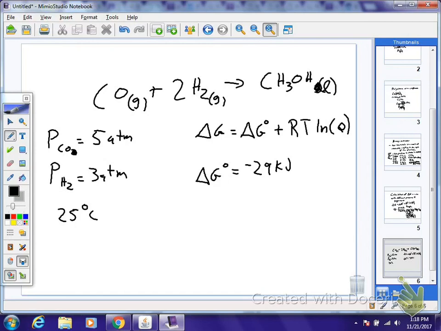Now we can plug it into the equation: delta G is equal to negative 29 kilojoules plus R, which is 8.31, times the temperature. What's the temperature? 298.